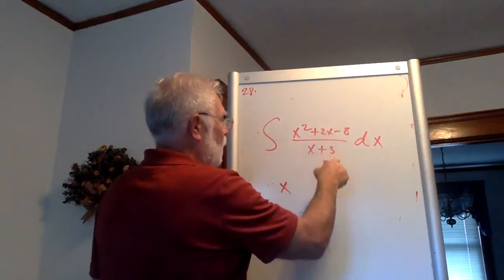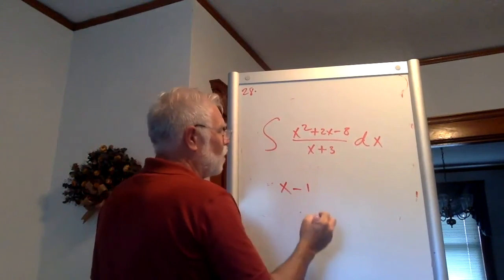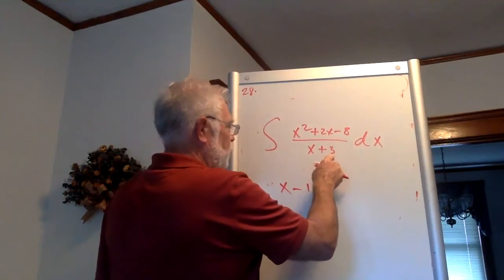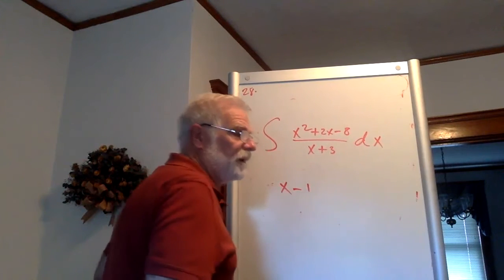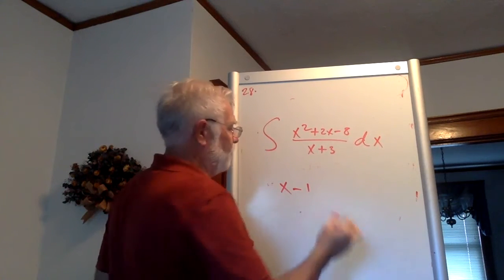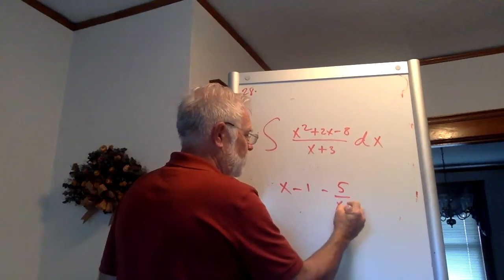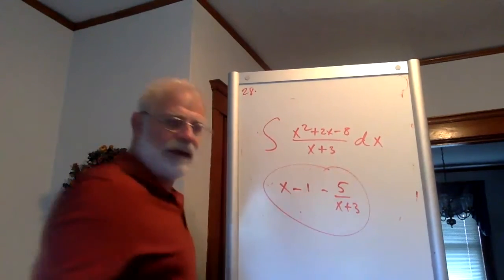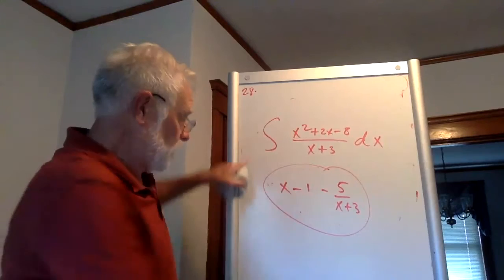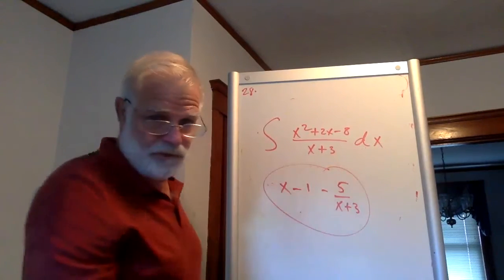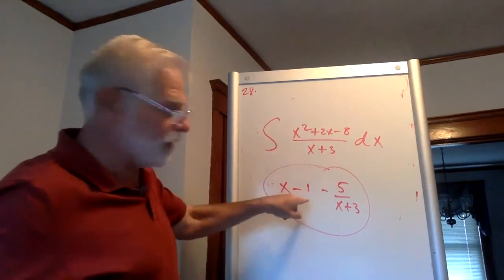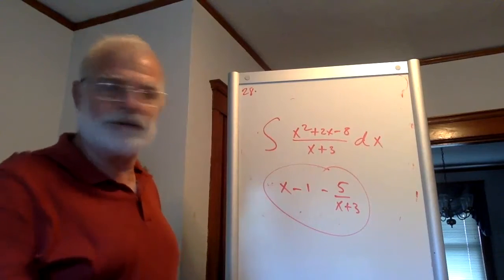I want 2. I'm right now at 3, so I got to go down 1. Minus 1 times 3 is negative 3. I got to get to negative 8. So if I got to get negative 3 to negative 8, I got to go down 5 over x plus 3. And everybody in the calc class after a few days could do this, what operation is being asked, which you have no clue about. But that's what gets people bad answers.